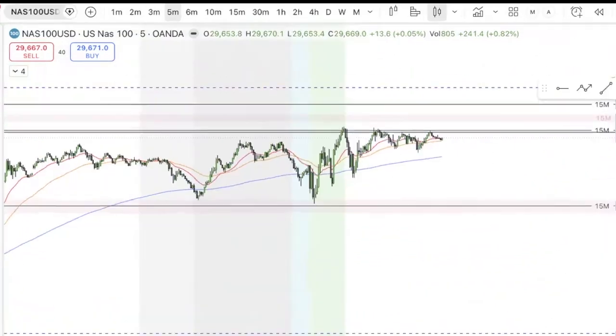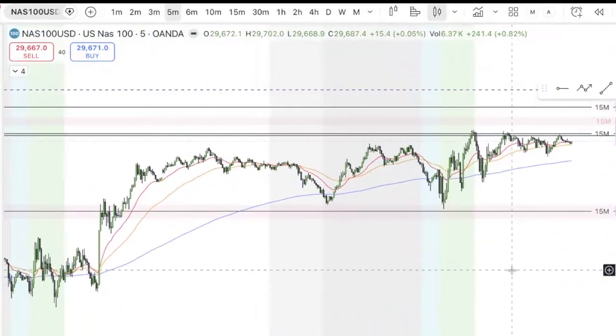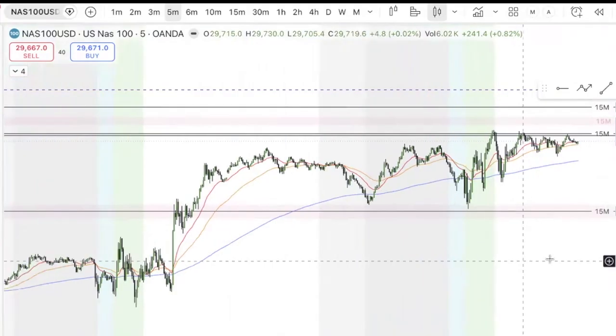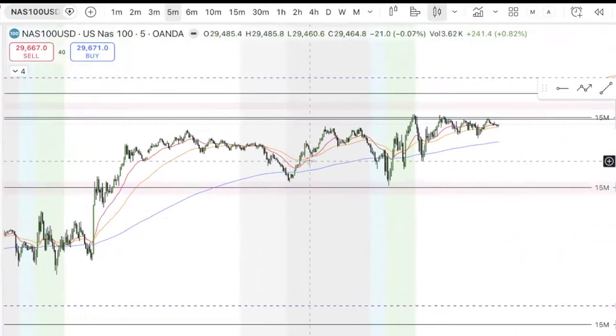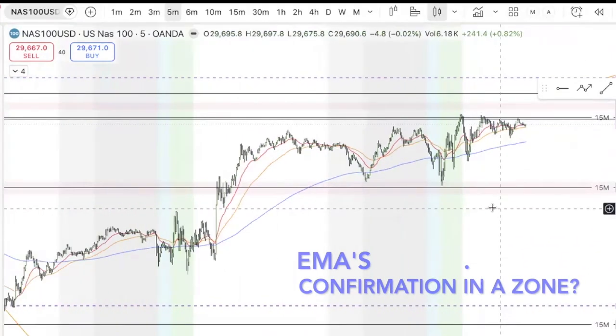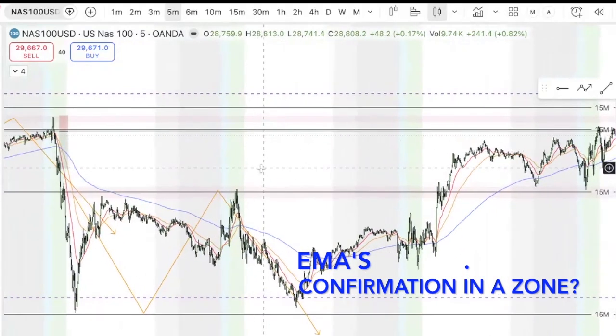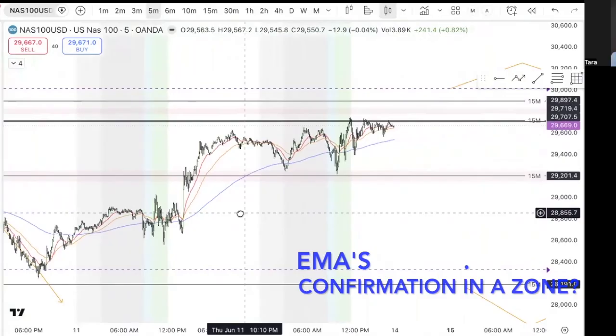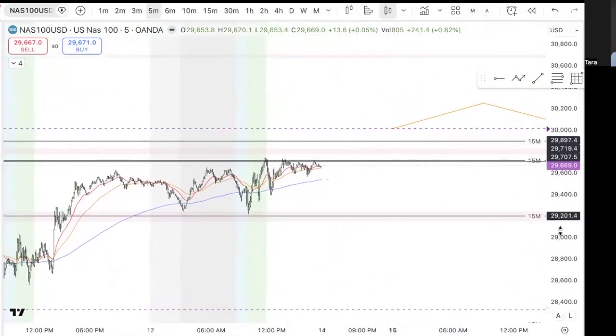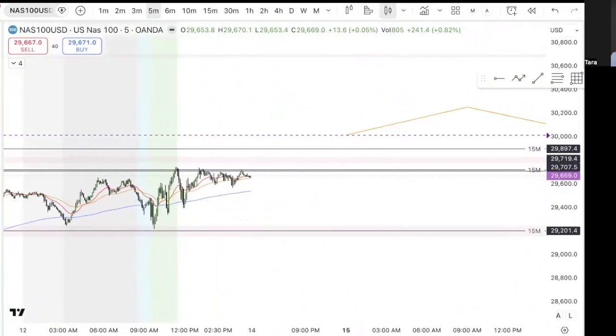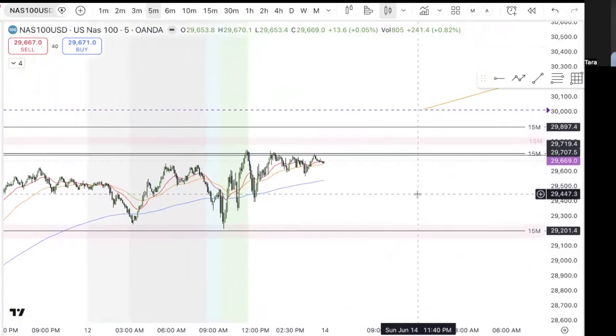All right, so I encourage you to back test and forward test NAS and consider all of these things that we've talked about, the EMA lines and the zones. Be sure to look left, and be sure to wait for a full confirmation.